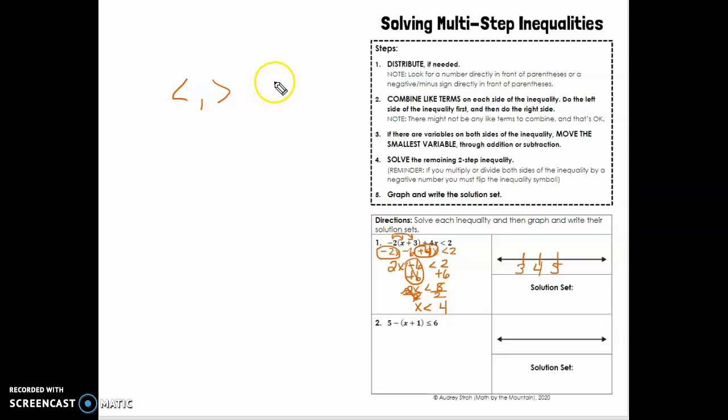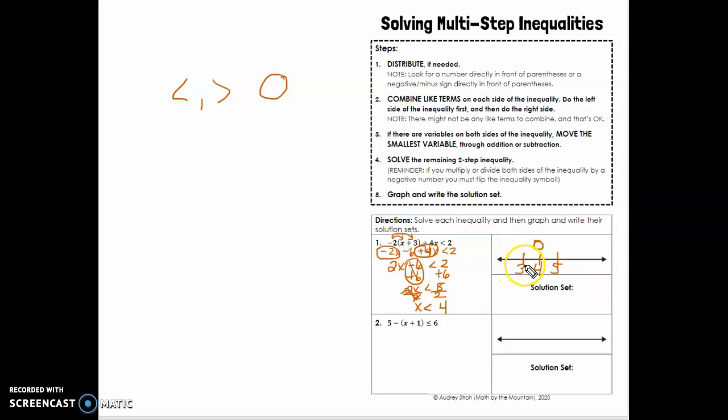So I need a way to represent that. And anytime I have less than or greater than, we use an open circle. So that indicates it goes up to that point, but doesn't include it. So I'm going to have a circle over 4. Then I need to represent x is less than 4. So I need to determine, is 5 a solution or is 3 a solution? If it's less than 4, 3 is less than 4.